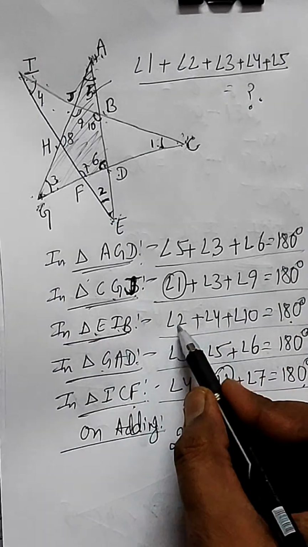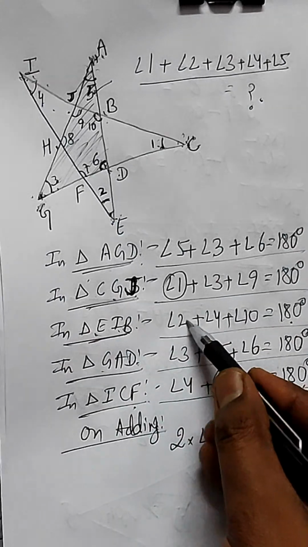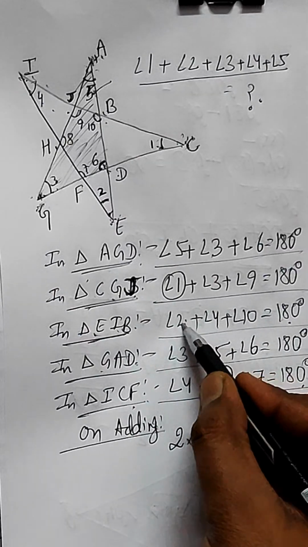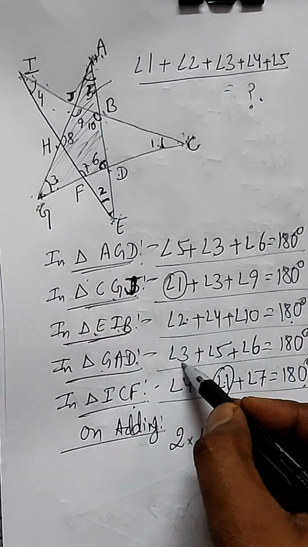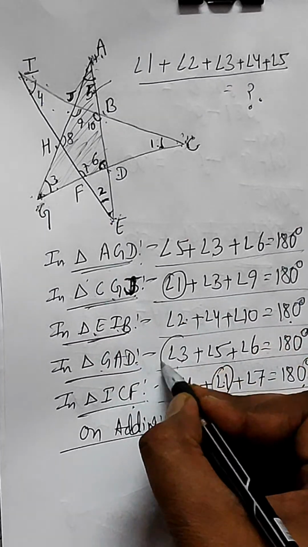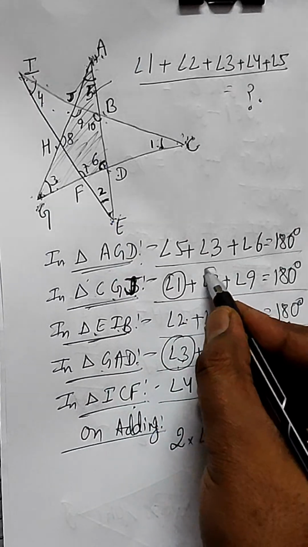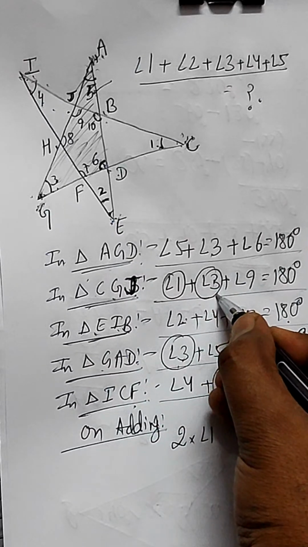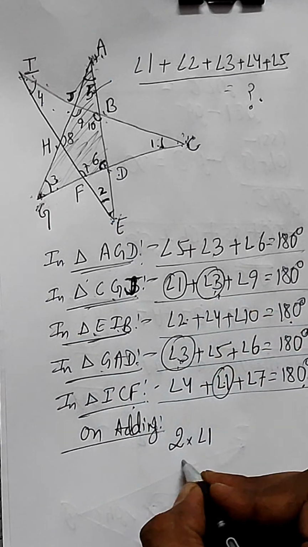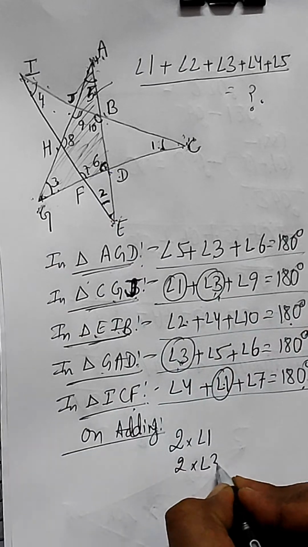Now angle 2 is also coming over here. Angle 2 and angle 3 are also coming 2 times. You can see angle 3 and angle 3 over here, right? So 3 plus 3, you can see 2 times angle 3.